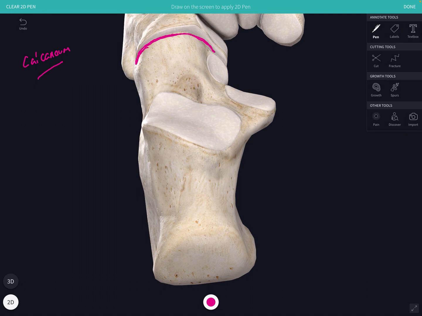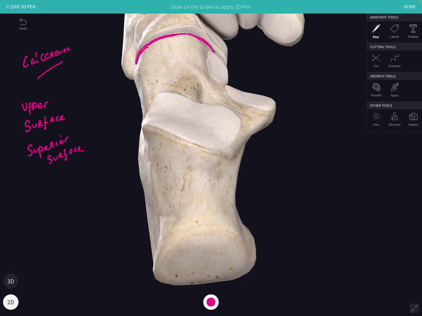Now, the upper surface of the calcaneum, and that's what we're looking at here, or its superior surface. Okay, so this upper surface can be divided into roughly 3 areas.